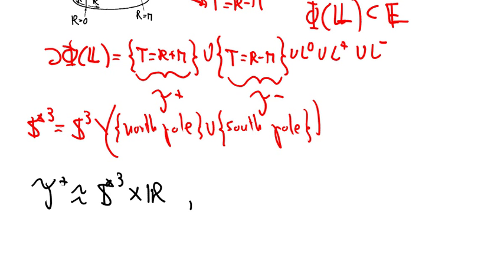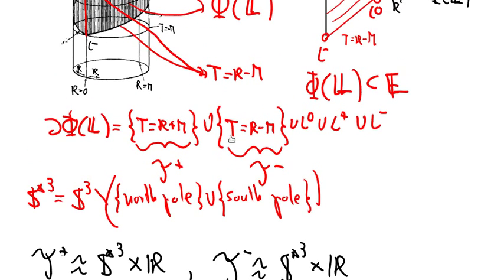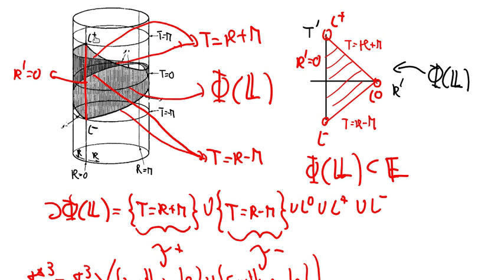Okay, and also we have that, just have a look at this picture and remember that future null infinity corresponds to this line plus this line.